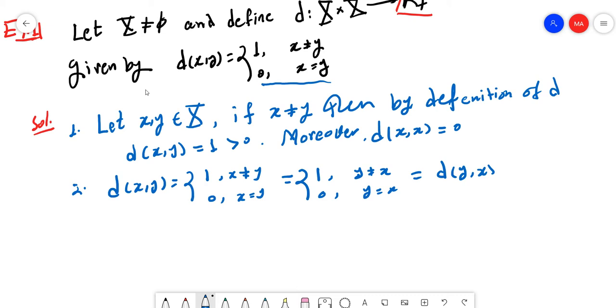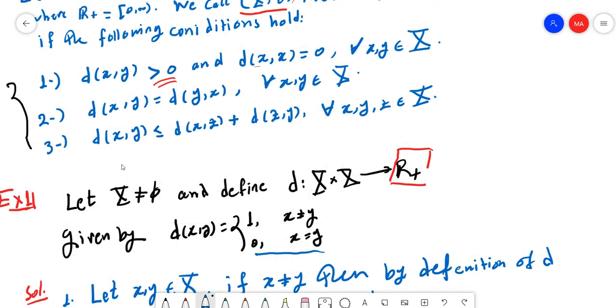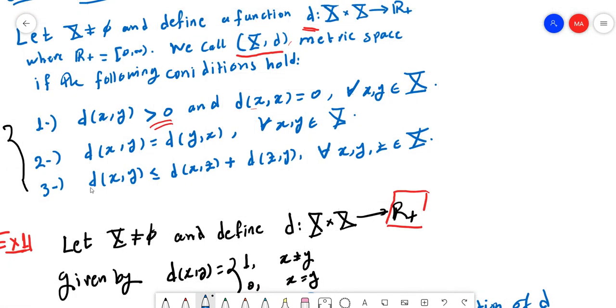So this holds, i.e. d is symmetric. You can write here the name of each property. This is positivity.